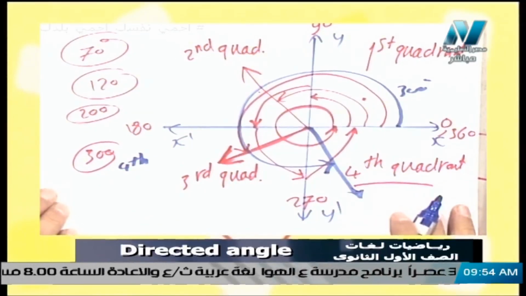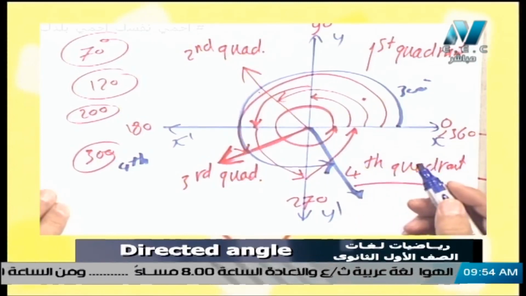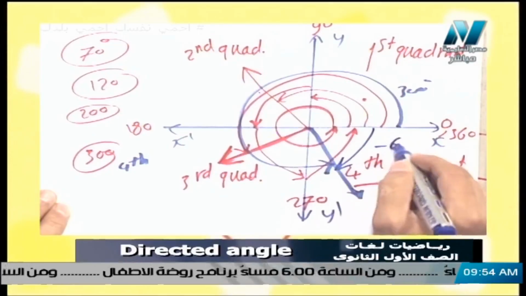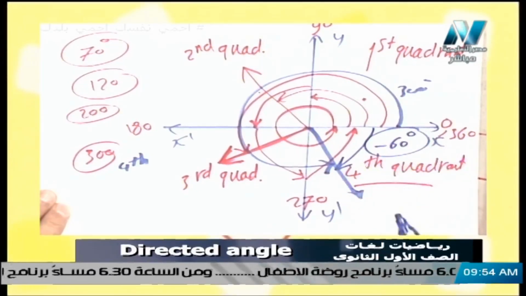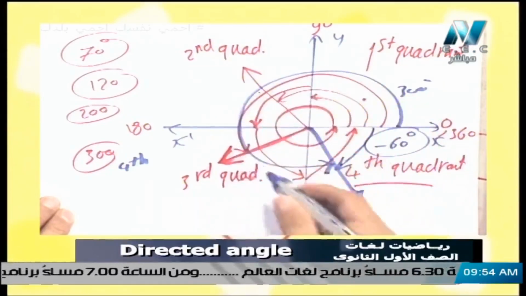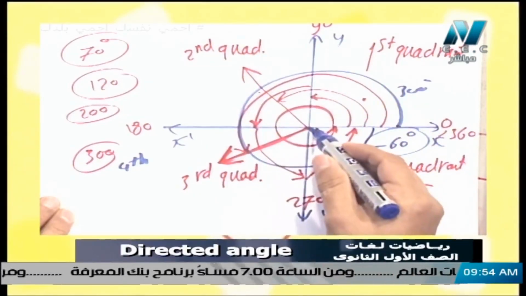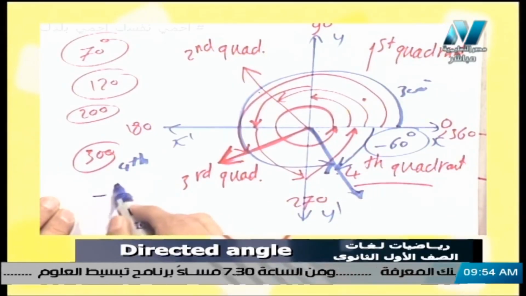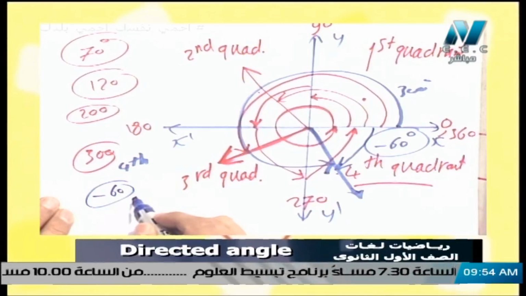Someone asked me, what about the negative angles? The negative angle, as an example here, negative 60 degrees, is the same as positive 300 degrees. Its position is here in the fourth quadrant, like that. So negative 60 lies in the fourth quadrant.